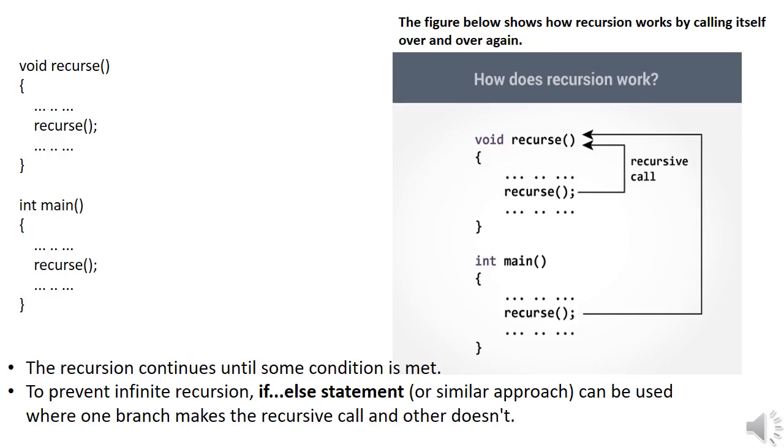Then again I call the function recurse. It will again go back to the function definition and execute the set of statements before the function call. So this will continue until some condition is met. To prevent infinite iterations, you can use an if-else statement or a similar approach inside the function definition.